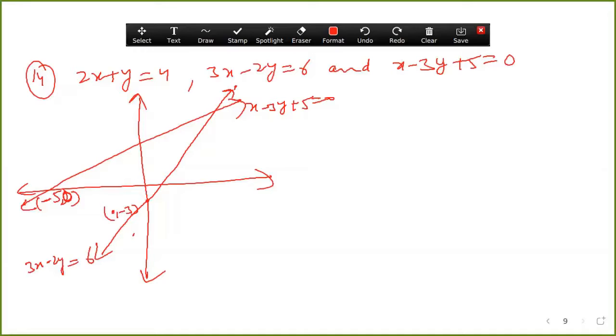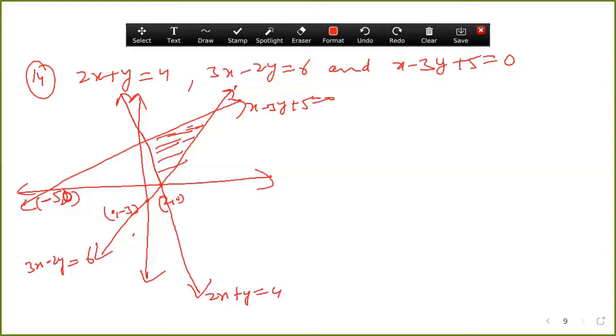And the third line will be like this. Here the point will be 2 comma 0, and this is the line 2x plus y equal to 4, and this is the area which is enclosed by these lines.